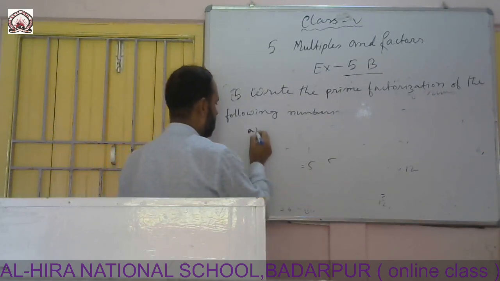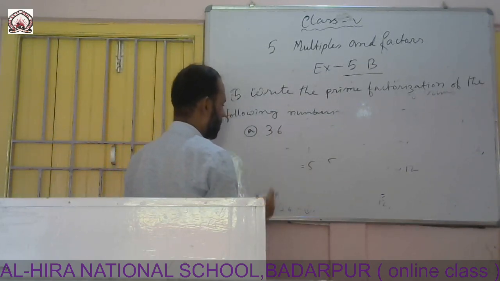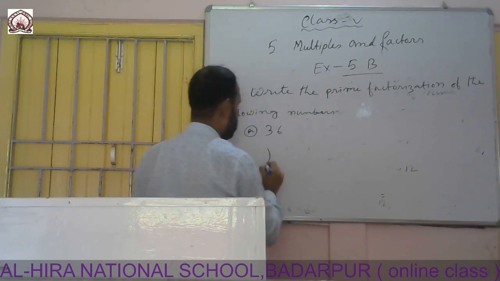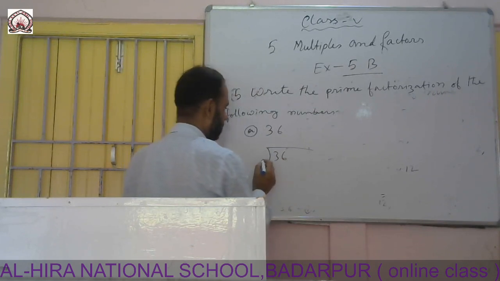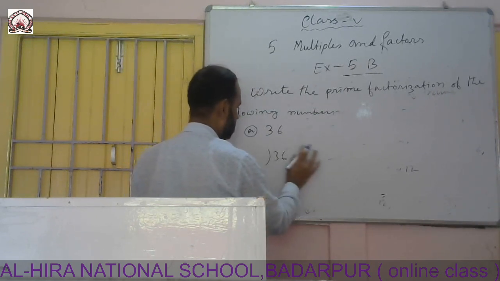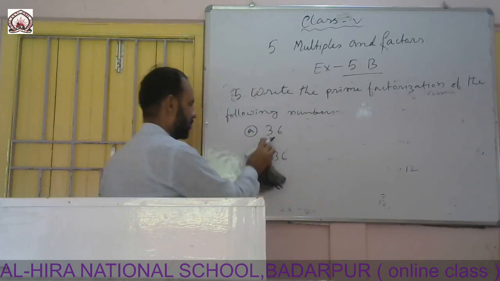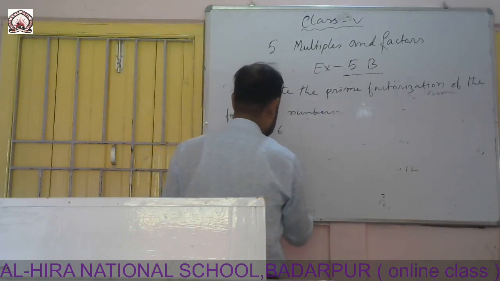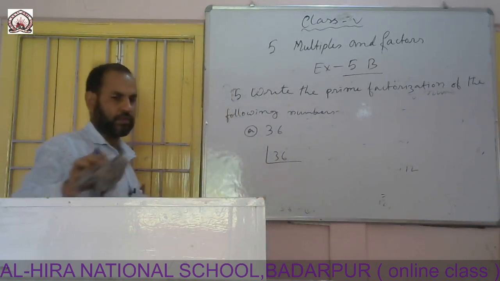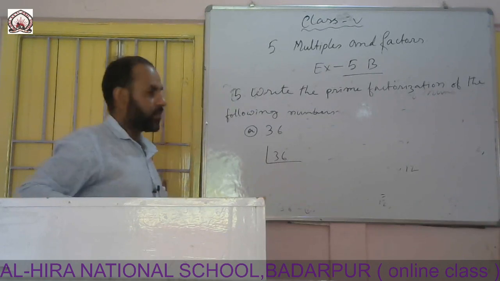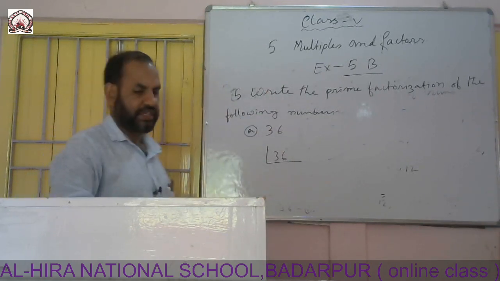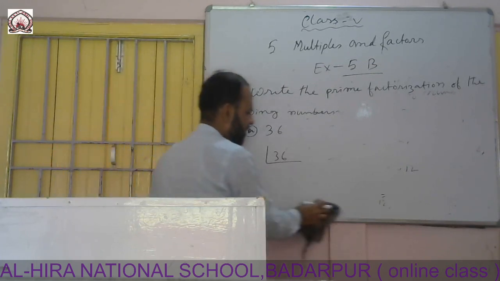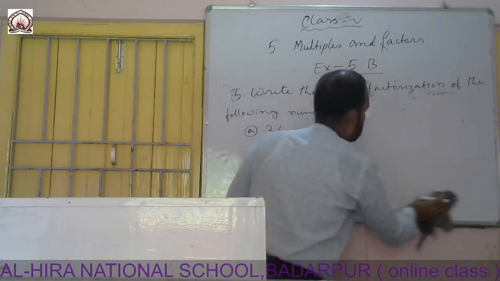Number A, 36. Here we factorize 36, using a symbol like this. The first prime number is 2. First we see whether 36 is divisible by 2 or not.